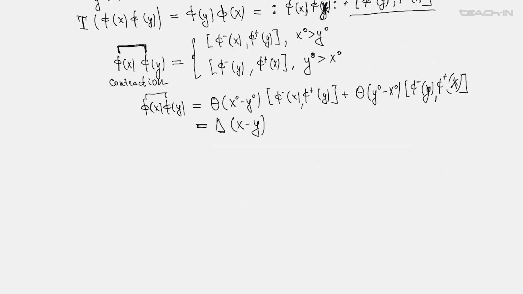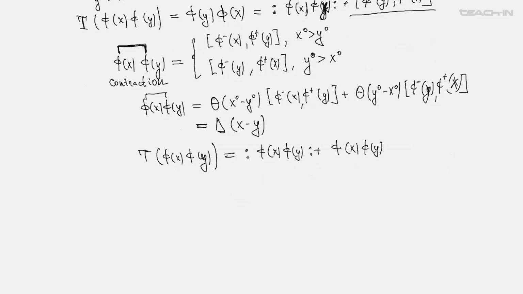So pairing of the fields is just a Feynman propagator, which means we have found a nice relation between the T-ordered product of two fields and the normal ordered product. The T-ordered product phi on x, phi on y is equal to the normal ordered product of these two fields plus the pairing phi on x, phi on y, which is nothing else than a Feynman propagator.